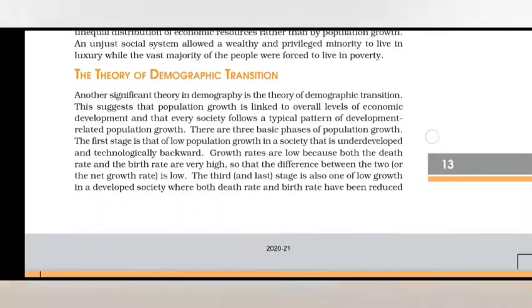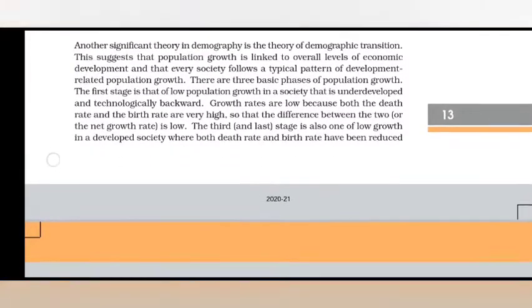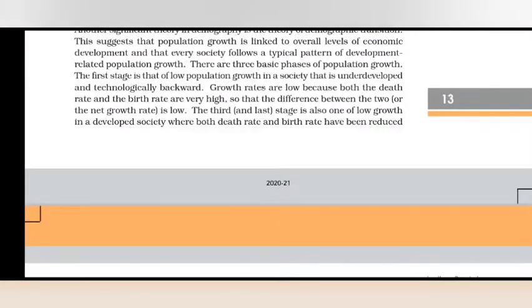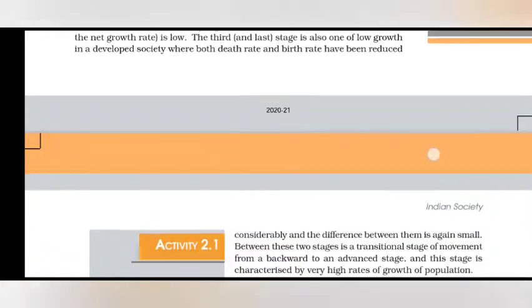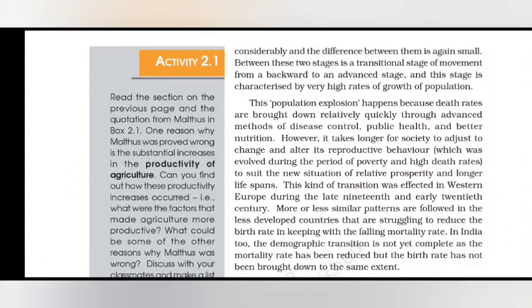The first stage is low population growth in a society that is underdeveloped and technologically backward. Growth rates are low because both the death and birth rate are very high, so that the difference between the two is low. The third is also one of low growth in a developed society, where both death and birth rate have been reduced considerably, and the difference between them is small.